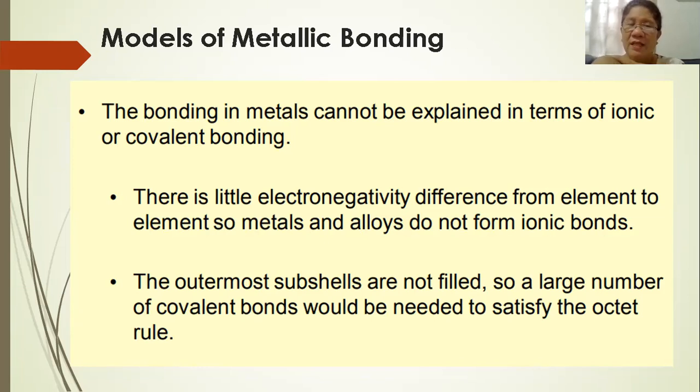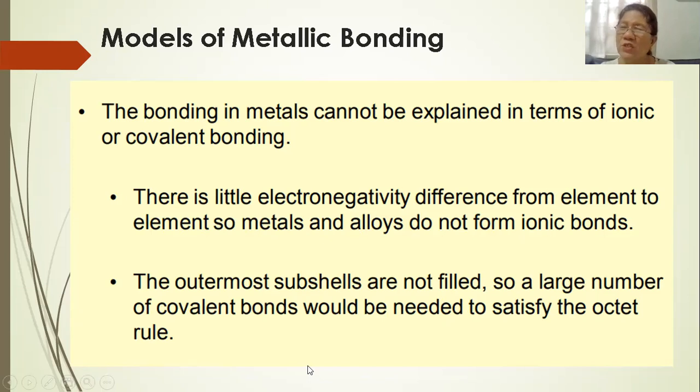If you look into the elements, there is little electronegativity. That is why they could not form ionic bonds. Then their outermost subshells are not filled when bonding with another metal. So what happened here?